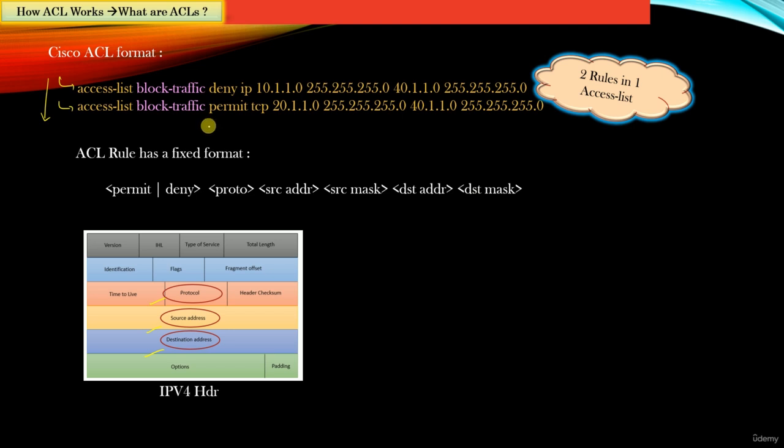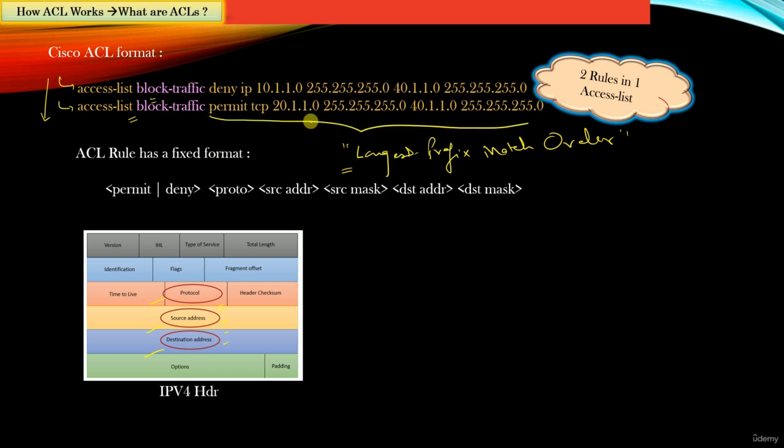We will see shortly that these ACL rules are evaluated against these parameters of the packet in longest prefix match order. Now what is that? We will discuss it shortly in the next lecture video. For now, the takeaway from this slide is how to specify ACL rules. Each ACL rule is tied to a verdict which is either deny or permit.